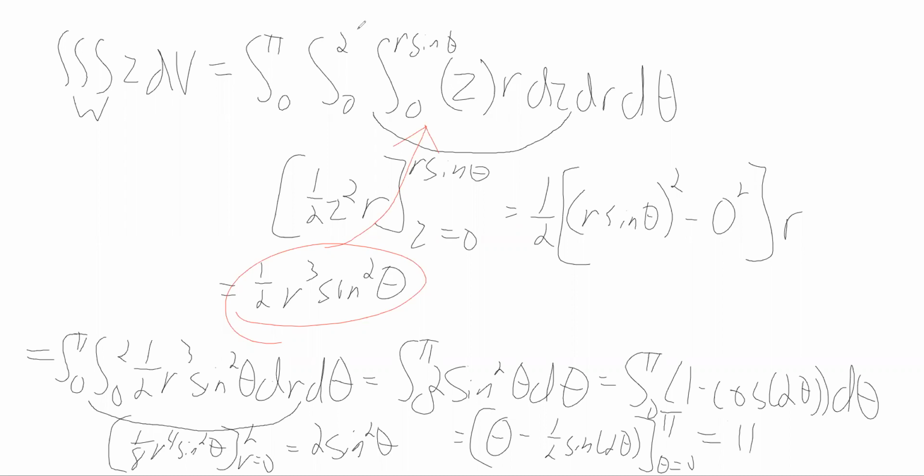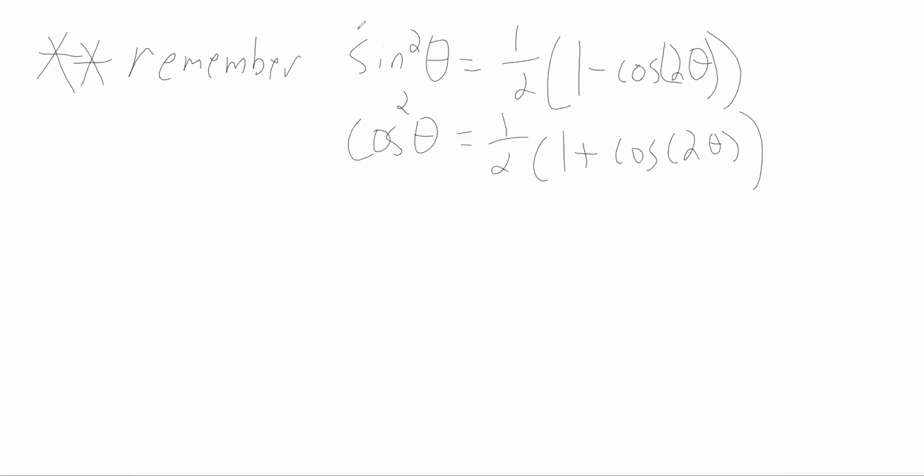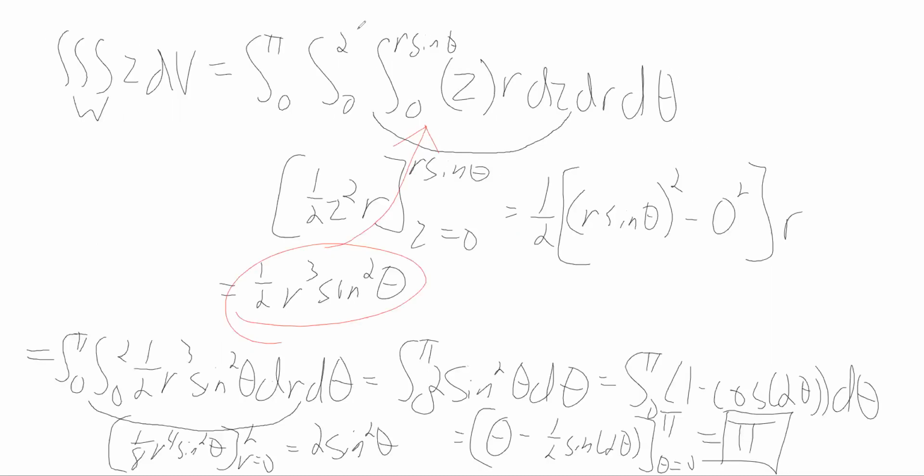And so we just end up getting pi. We get pi minus 0 here, and then sine of 2 pi is 0, sine of 0 is 0, so we get nothing from that. But the whole evaluation thing is whatever. These would be good to remember, but it's pretty straightforward from there. The important thing is just setting up the integral.